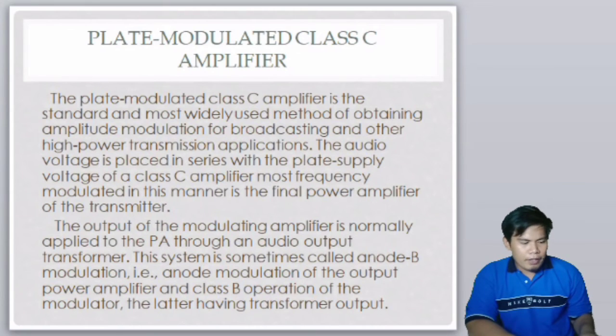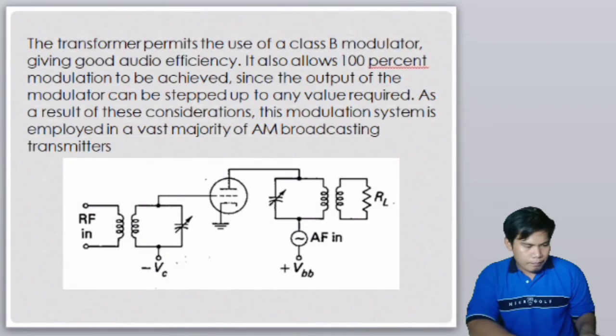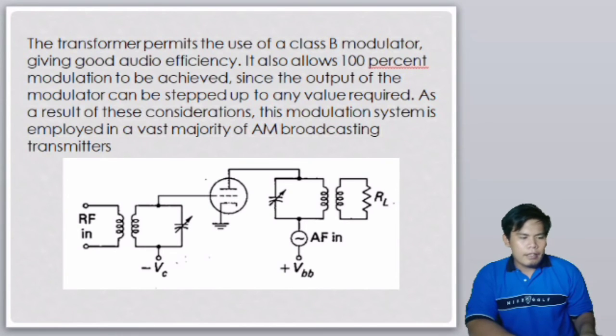Anode modulation of the output power amplifier and class B operation of the modulator, the latter having transformer output. The transformer permits the use of a class B modulator, giving good audio efficiency.